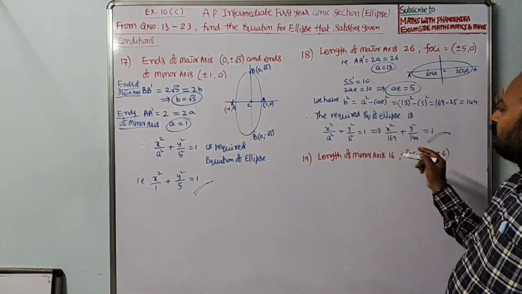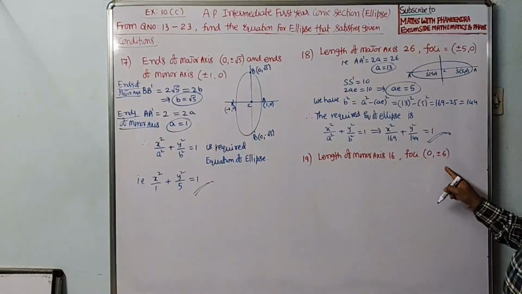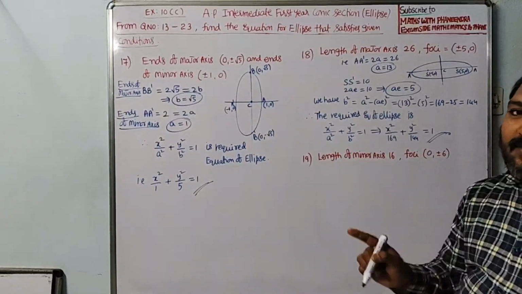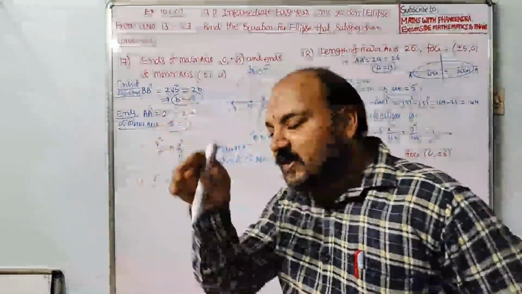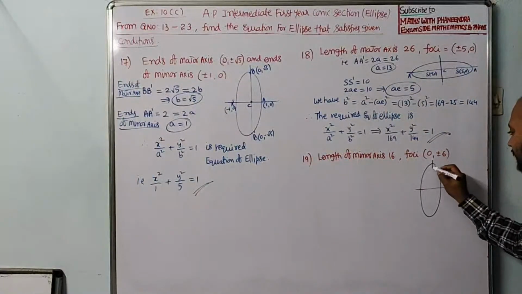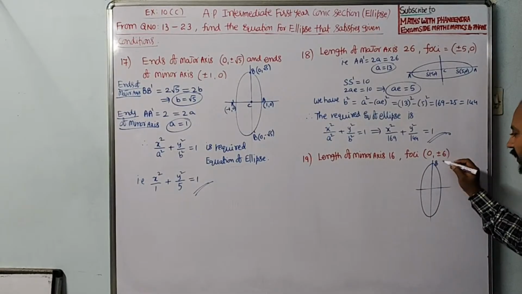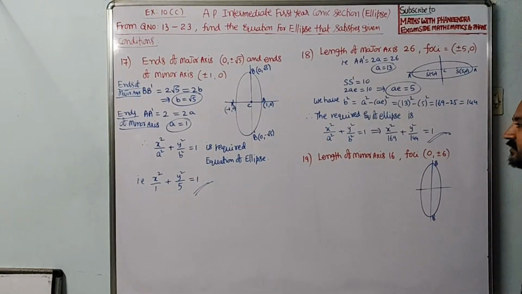The length of minor axis is 16 and foci coordinates are 0, plus or minus 6. You observe that foci lie on y-axis. Why? Because x is 0. So the rough figure of ellipse will be vertical, and B dash is called the major axis.